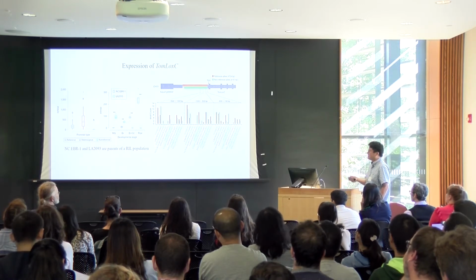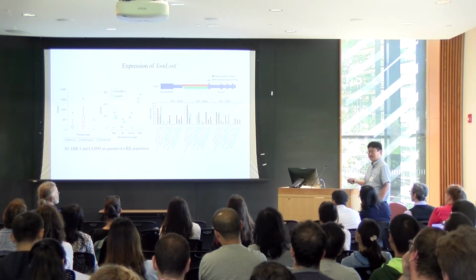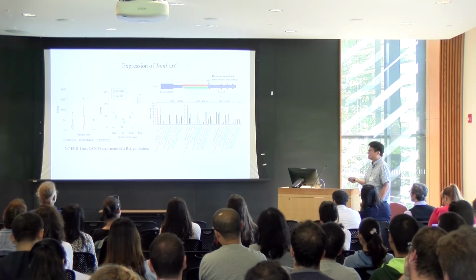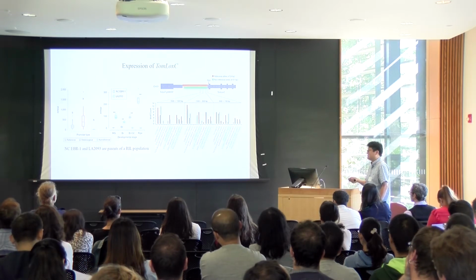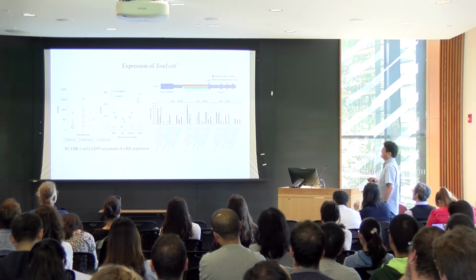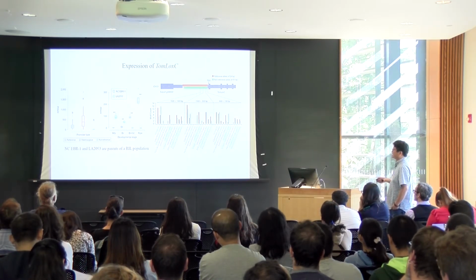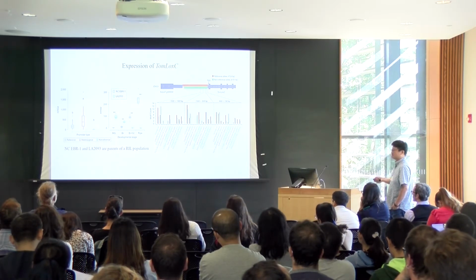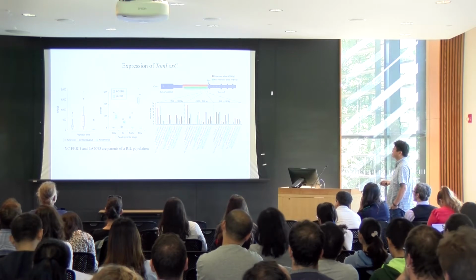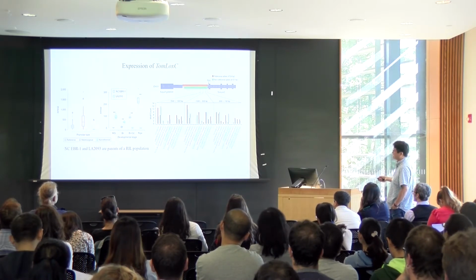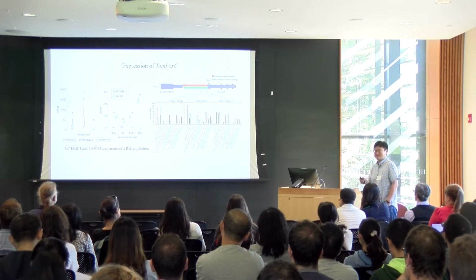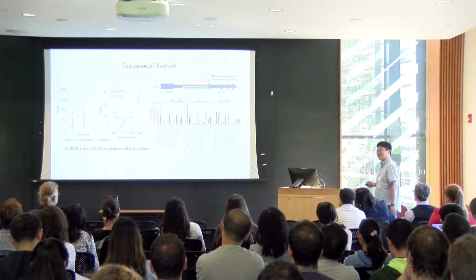We found that the accessions containing the hybrid alleles have much higher expression than those containing either the homozygous non-reference or the homozygous reference alleles. And in these two accessions, we also see a different expression pattern of this TomLoxC gene. We did a promoter analysis and found that the promoter contains some unique binding sites that may contribute to their differential expression.